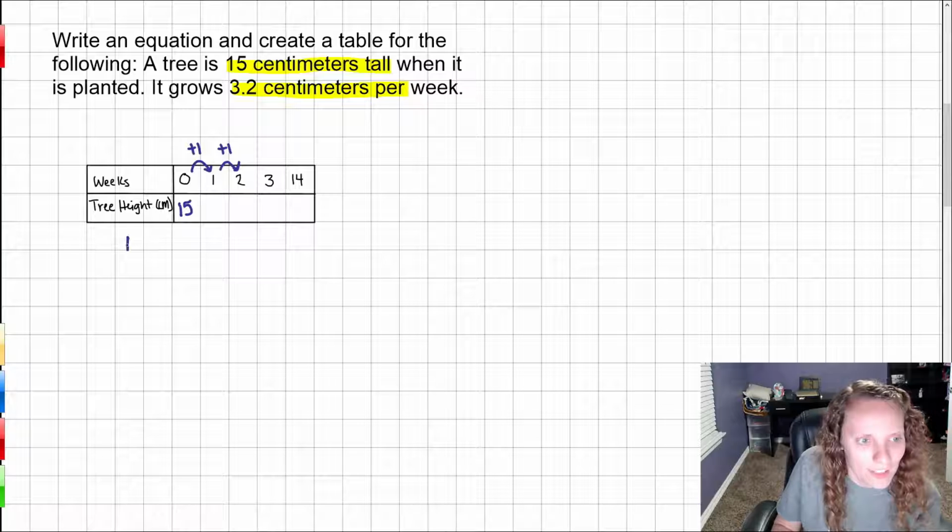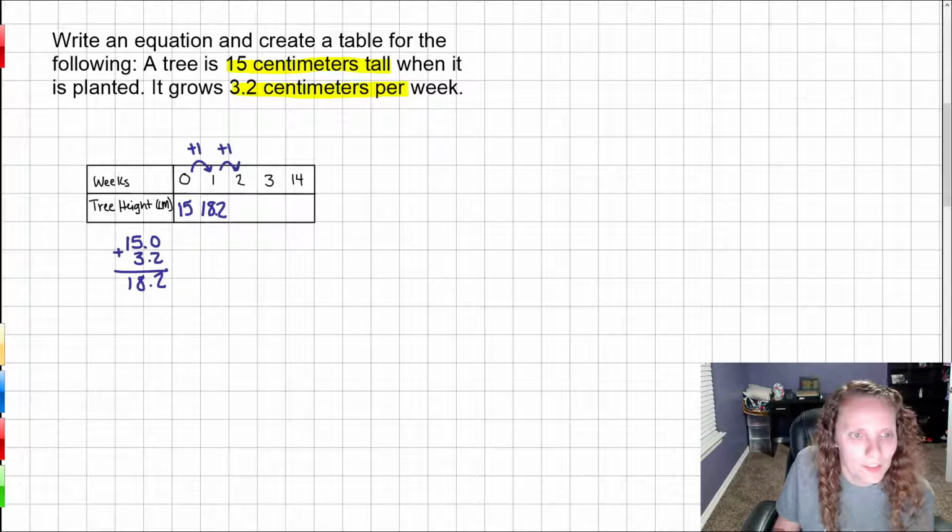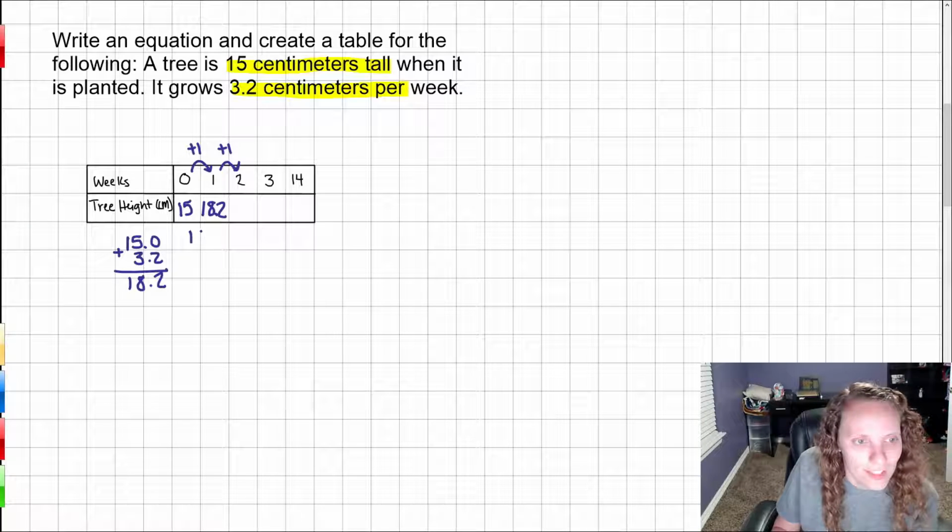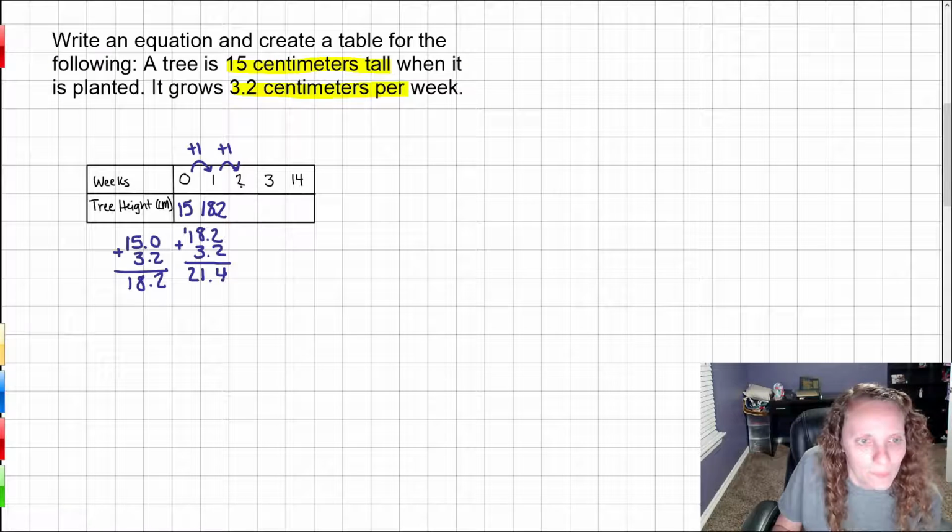So we would take the initial height of 15 and add 3.2. Remember, when you add, we have to line up decimals. And so the next week it would be 18.2 centimeters. And then if you take that answer and add the 3.2 again, it would be 21.4.